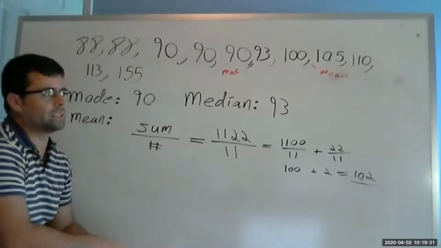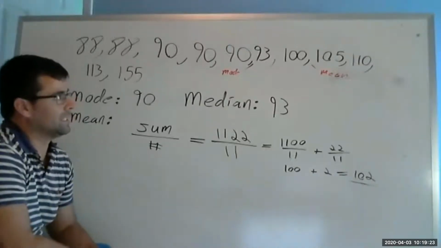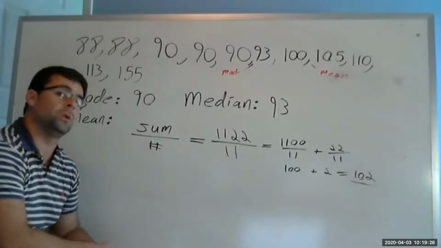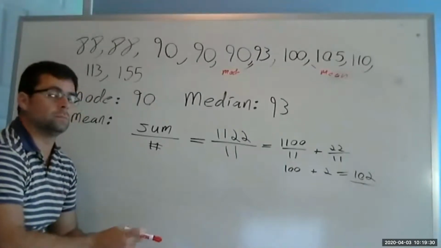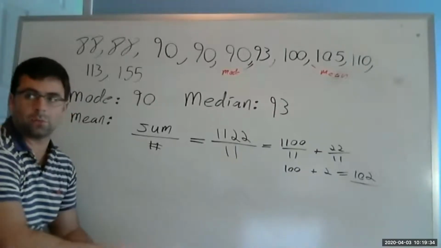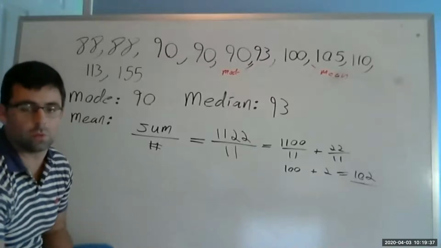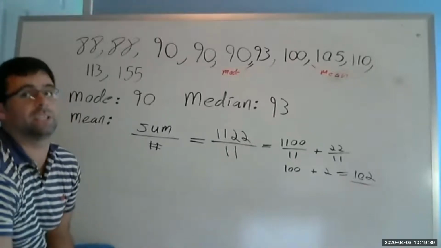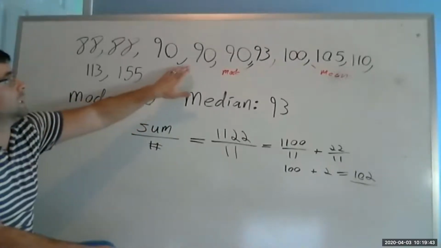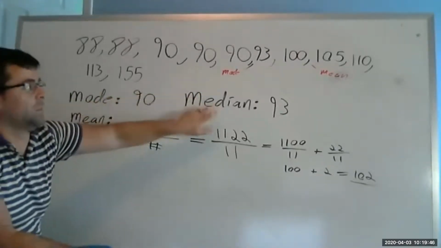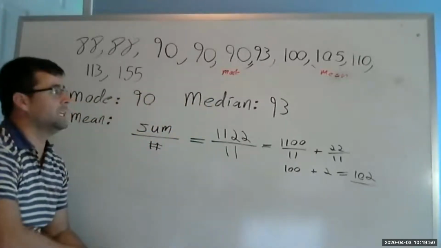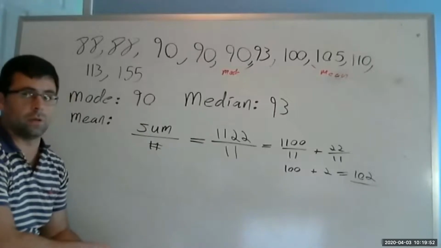This is something that tends to be how a lot of things get distributed. I'll probably expand on that a little bit more, but it is very common for the mode to be less than the middle number and the mean to be above the middle number.